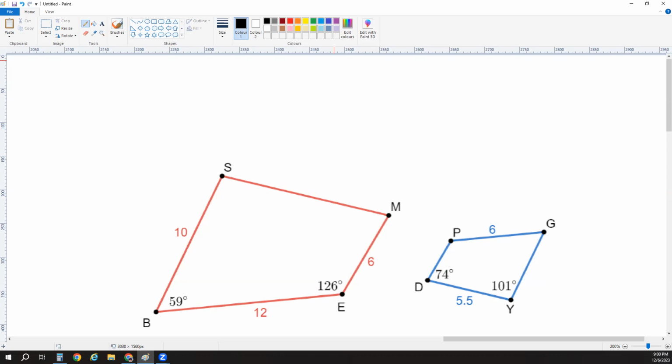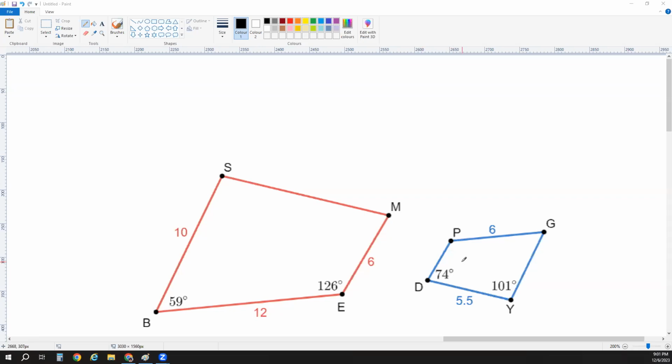If I think about all this, I would remember that the internal angles of a quadrilateral, like a square or a rectangle or anything with four angles, if I add them up, they're gonna equal 360 degrees.